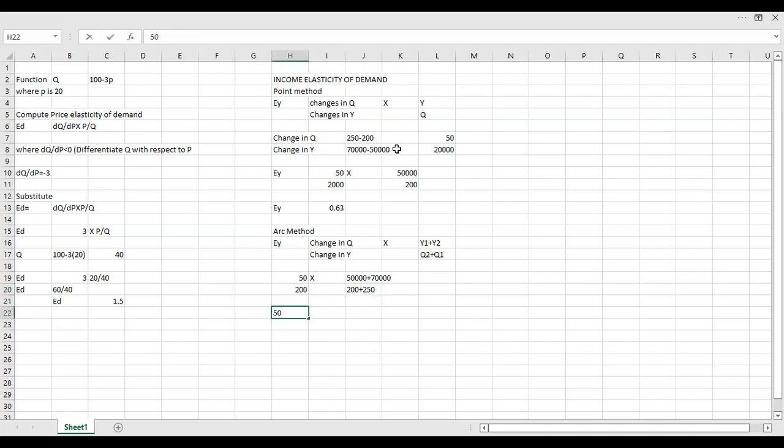So this will remain 50 divided by 200, multiplied by 120,000 divided by 450. So approximately, this gives us 0.67.